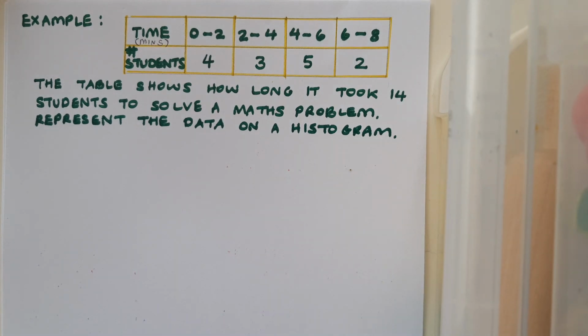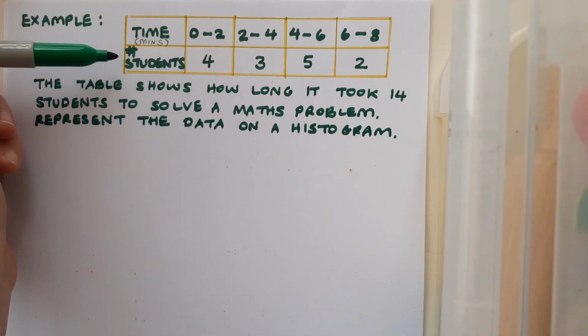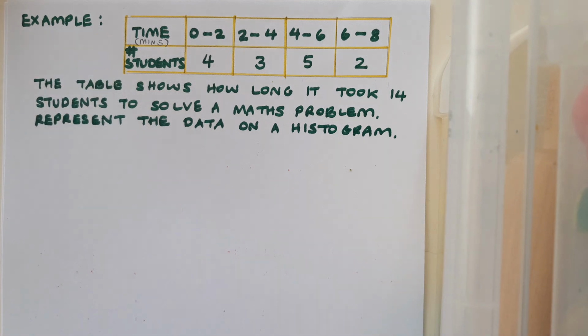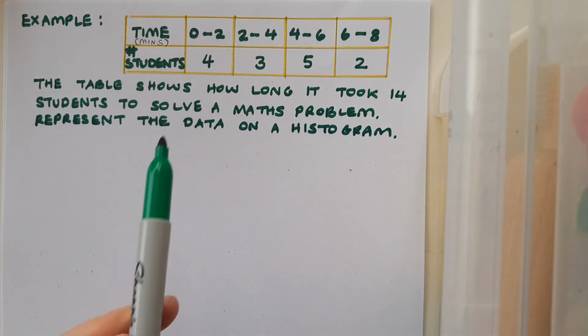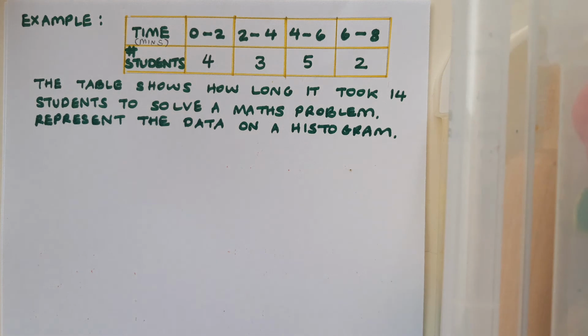Those groups can be called intervals or classes as well. On the second line of the table, this shows the number of students in each case. This can also be called the frequency. So 4, 3, 5, and 2. The table shows how long it took 14 students to solve a maths problem. Represent the data on a histogram.